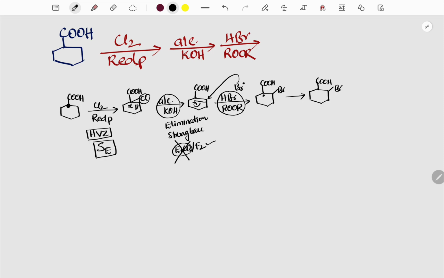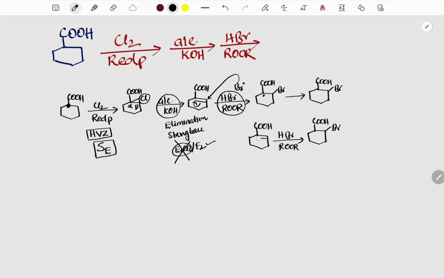Overall: COOH, alkene, HBr, peroxide, and the final product is like this.